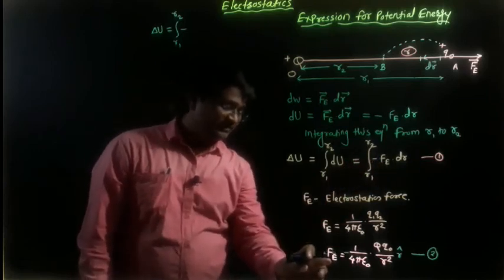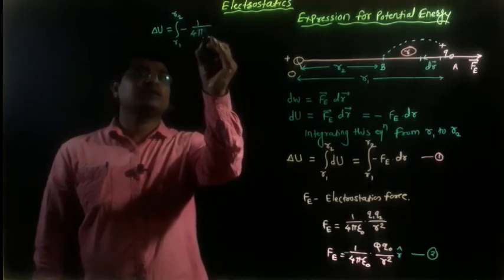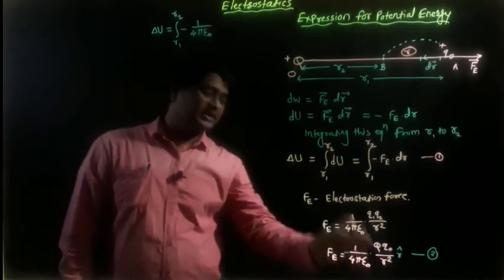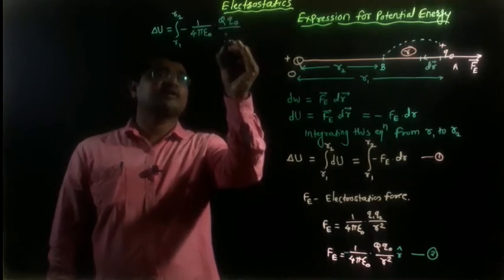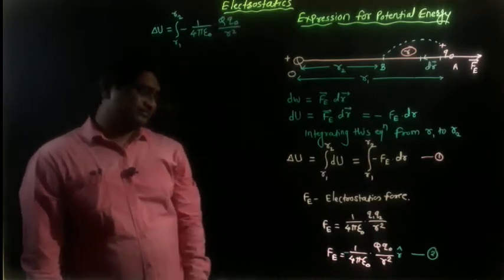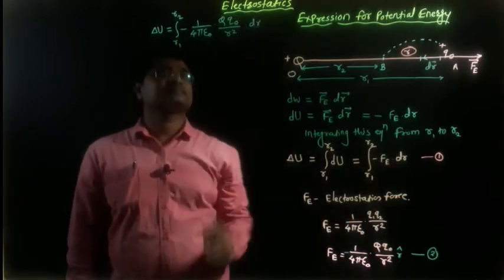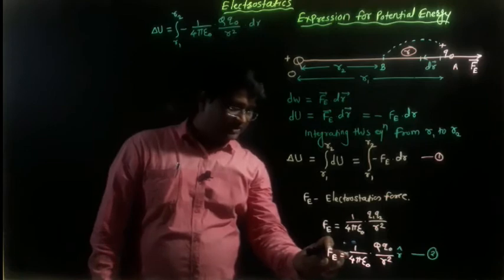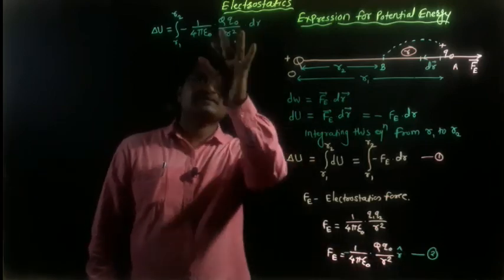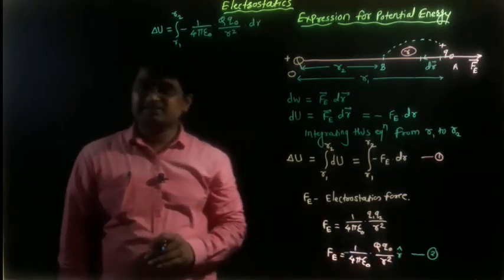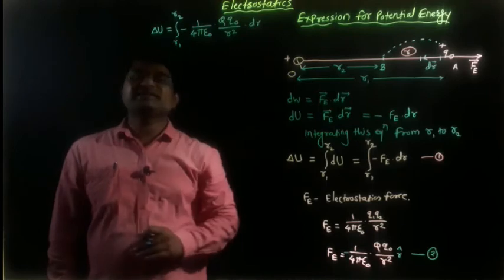What is the value of Fe? 1 upon 4 pi epsilon naught into capital Q, Q naught divided by r square, into dr. We do not keep the minus sign here because the r vector is also cancelled. So the r vector gets cancelled, and the minus sign is also cancelled, because this indicates only direction. So this is the integrating value.